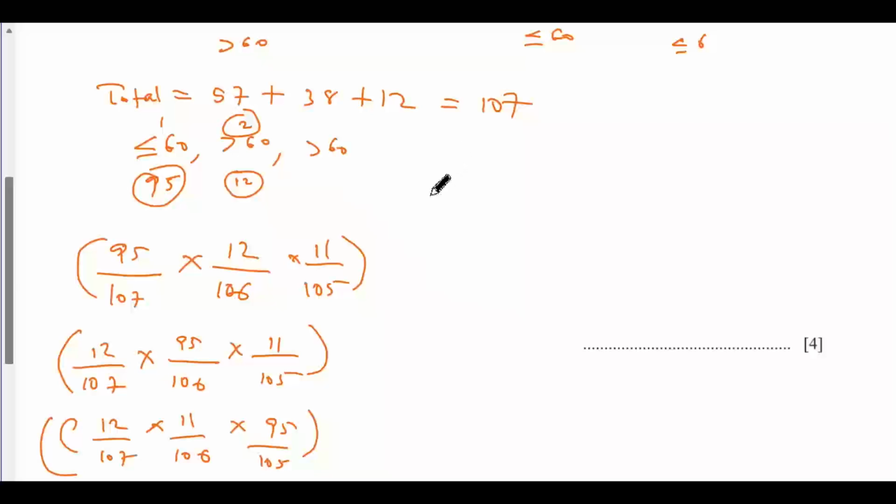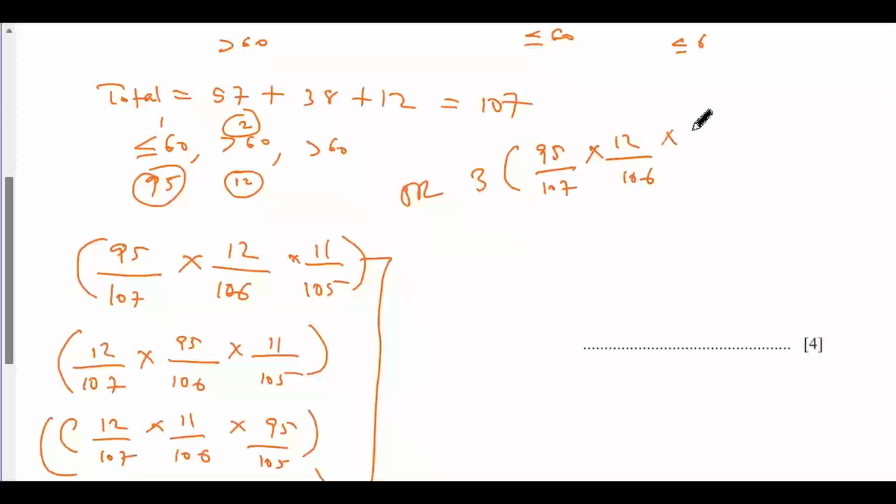The answer will be 3 into 95 over 107 times 12 over 106 times 11 over 105. If you do this, your answer will be approximately 0.0316, to three significant figures. So that is what you have there.